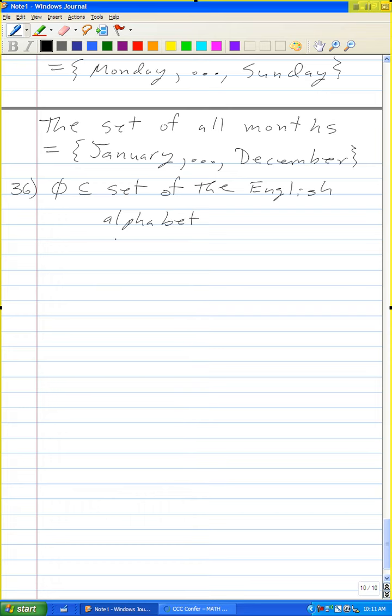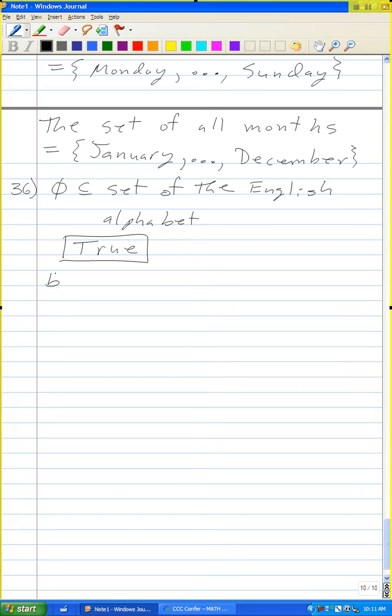Okay, well, that's false. Oh, that's true. What am I talking about? That's a true statement. Every member of the null set is in this set because the null set does not contain any members. Therefore, by default, it is in this set. So that's a true statement.